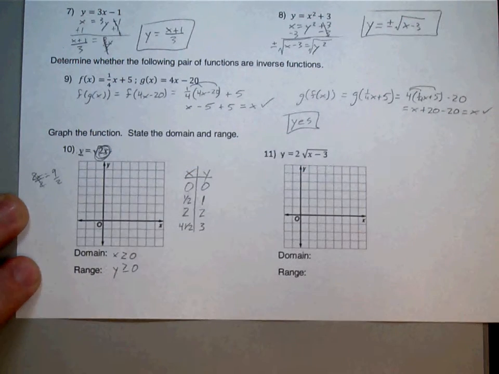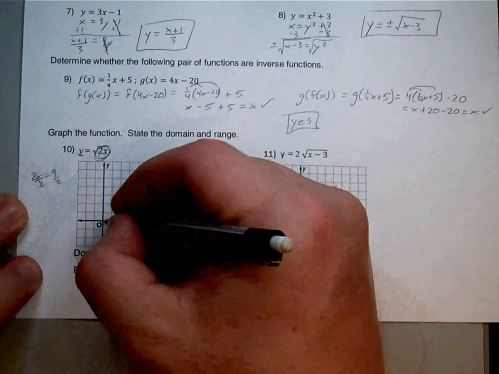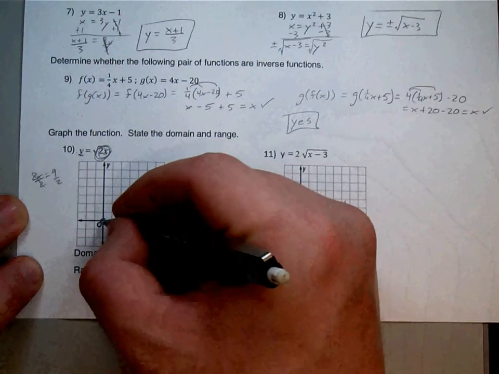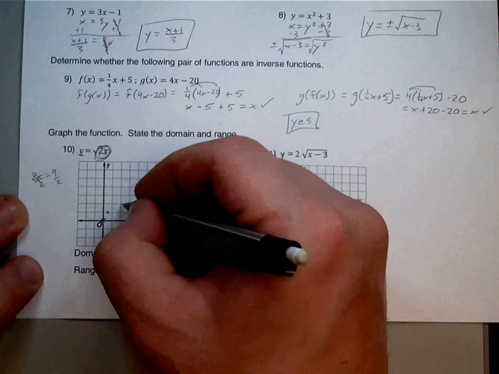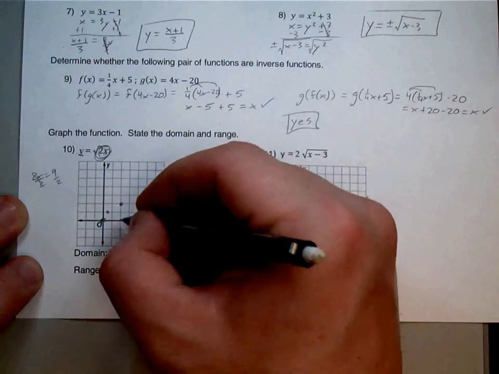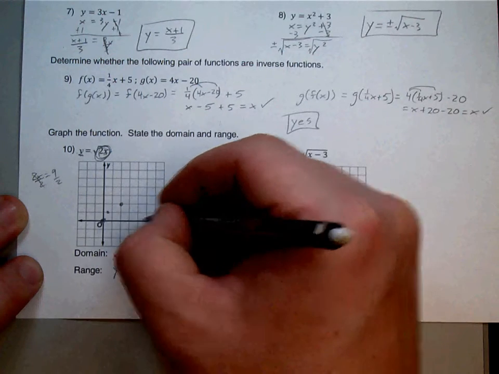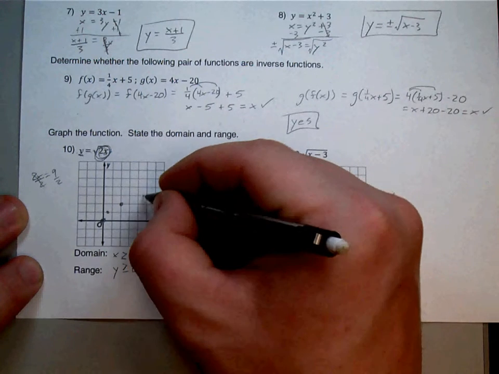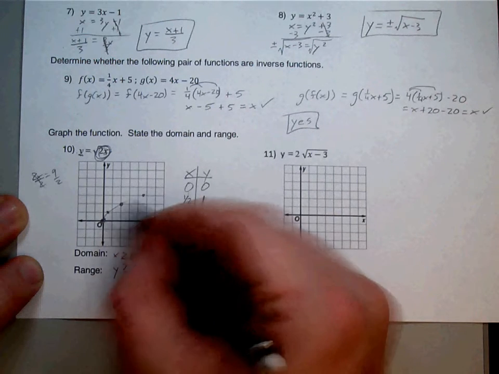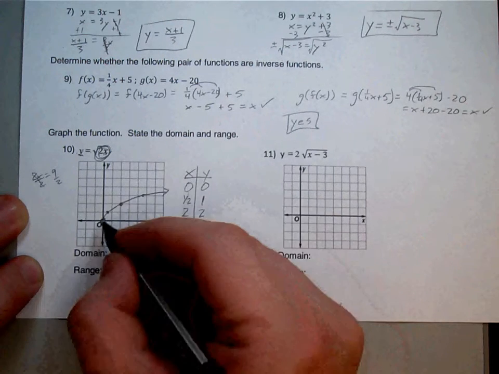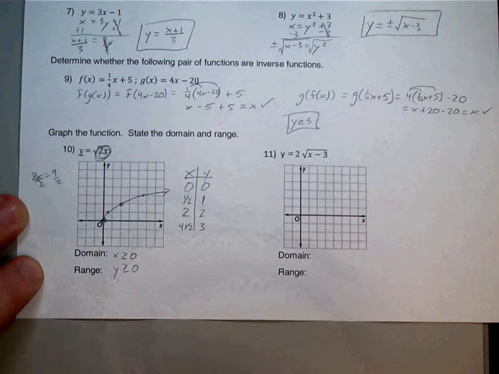So those ordered pairs are going to work out nicely. 1, 2, 3, 4.5. Connect the dots. Remember that the left side is just an endpoint, so don't go through it. It's a point there, but it goes to the right.